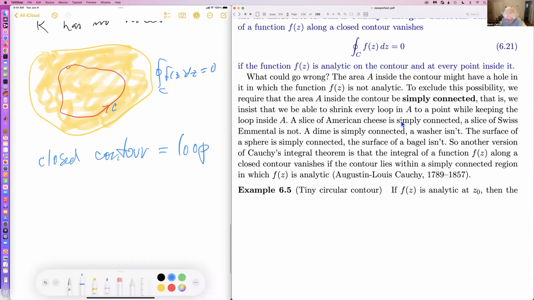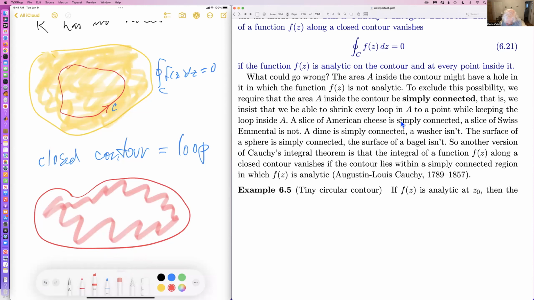And we want the region to be, so to speak, simply connected, because suppose we have a region like this, and we have analyticity everywhere, but inside here we have some singularities.